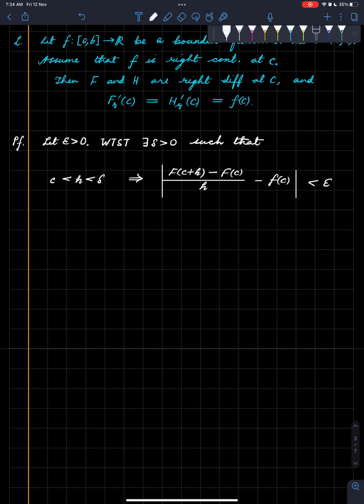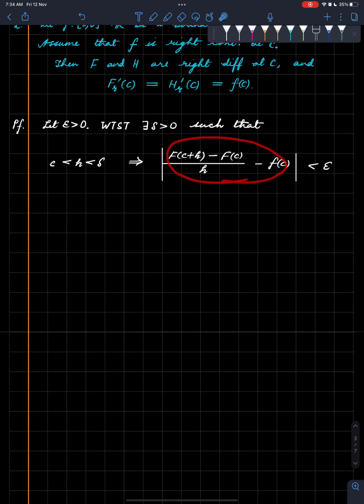Alright, so we will look at this expression and see what we can do with it.